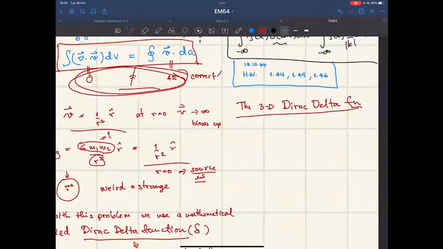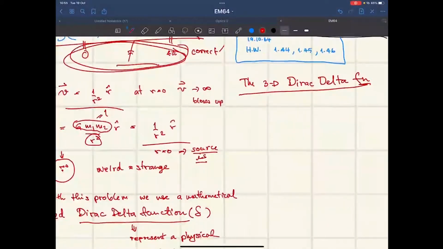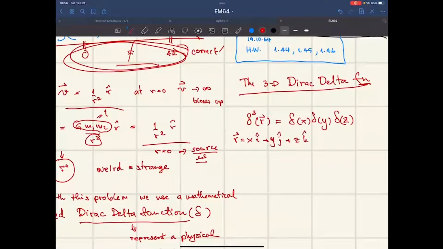Instead of having just x, the 3D Dirac delta function is like that. We have to put the number 3 here, and in Cartesian coordinates it is like that, where our r is x i plus y j plus z k here.